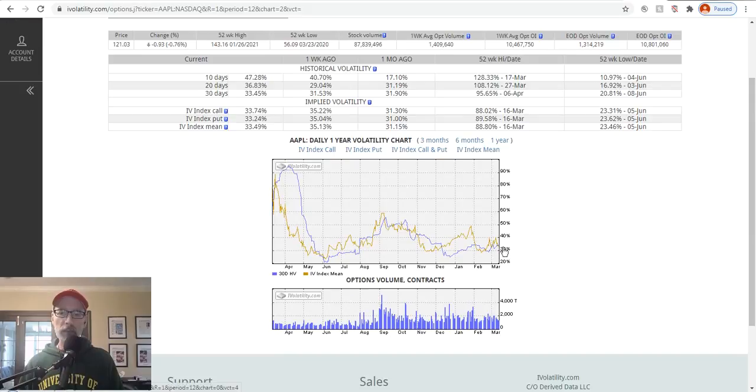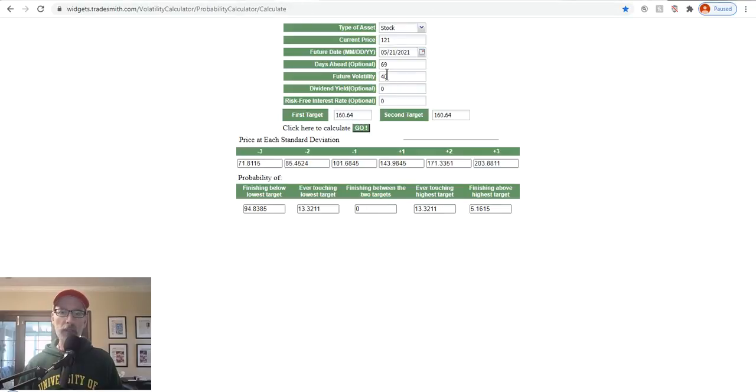And if you look at the percentages over here, Apple's trading between 30 and 40%. So you take that number and you plug it back into the calculator. I put in 40%. I use the higher number there. If you put in 30%, your chances are going to be even smaller of going above the break even. Remember, we only have 5% chance now.